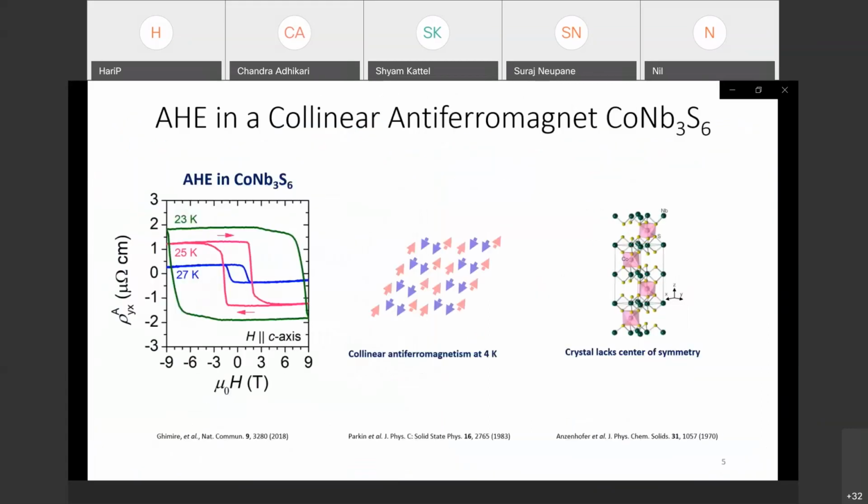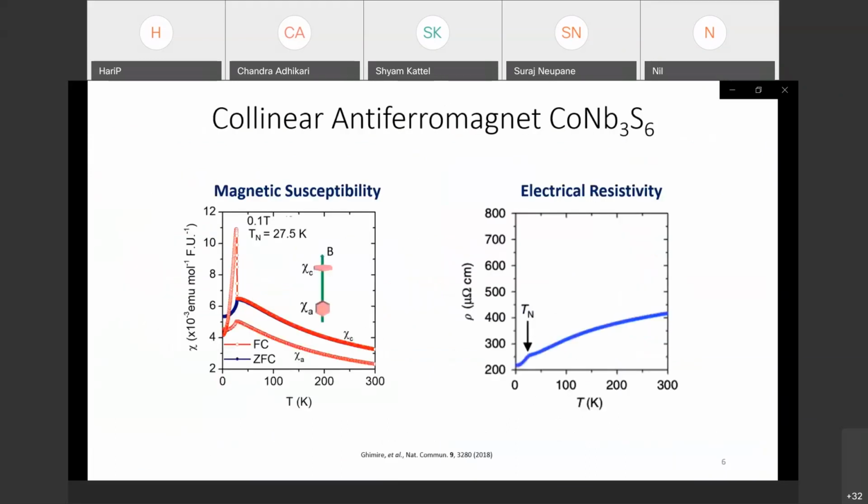Recently, the anomalous Hall effect was shown in cobalt niobium-3 sulfur-6, which was shown to have a collinear antiferromagnetic structure, as well as a lack of a center of symmetry. The anomalous Hall effect in this material was not expected since collinear antiferromagnets were not known to give rise to the anomalous Hall effect.